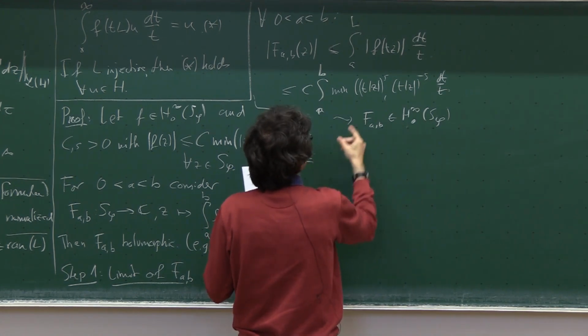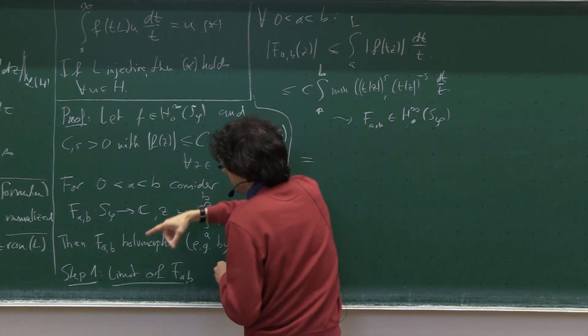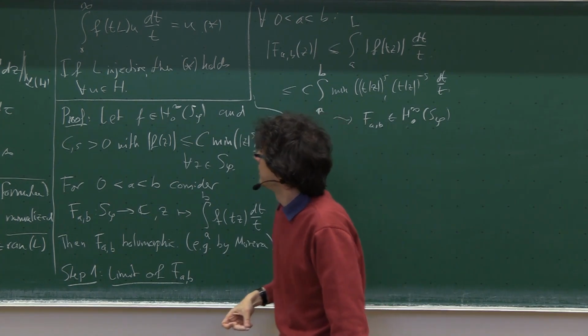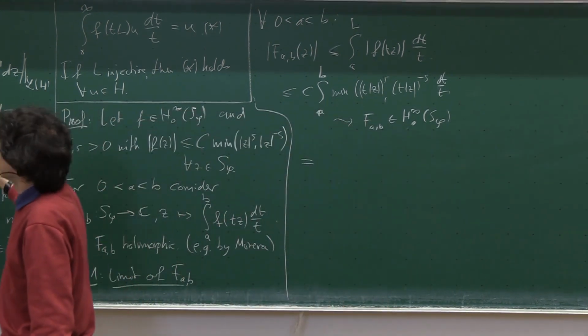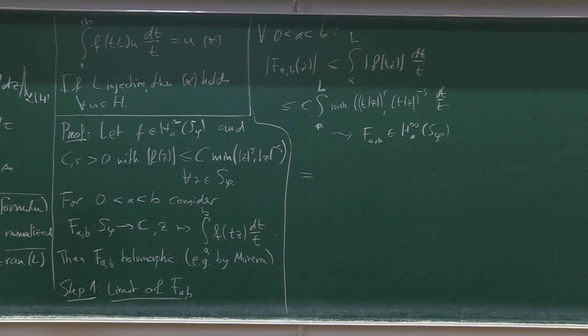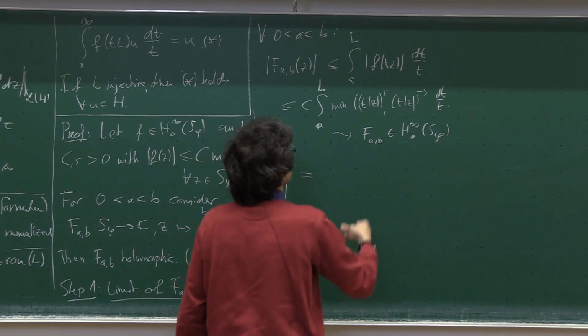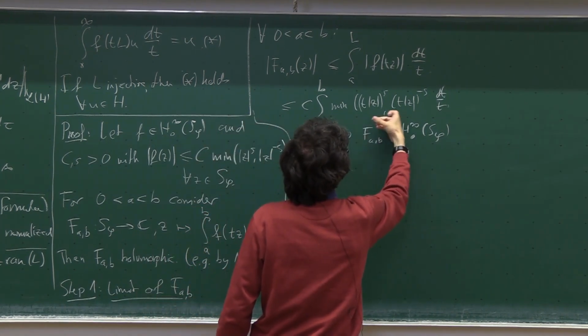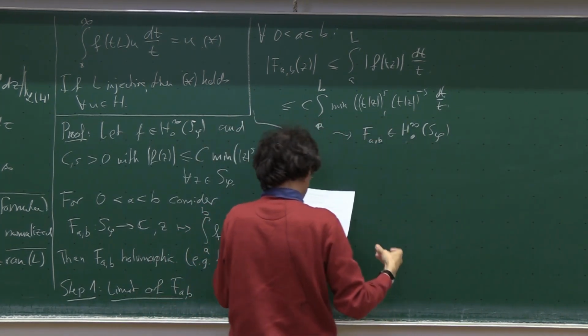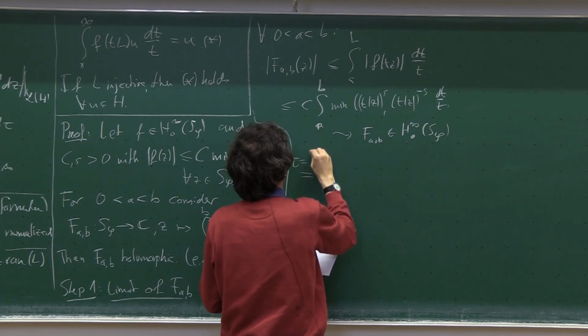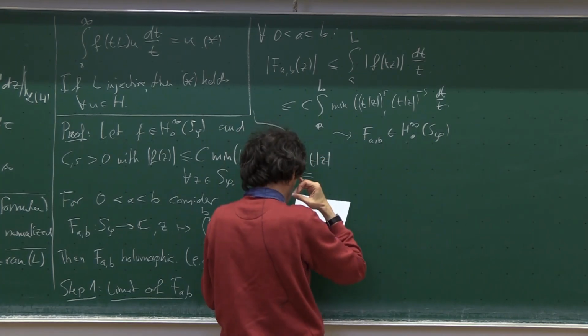Okay, and second thing, again do the same substitution, change of variables like here. Then one sees this, in fact, does not depend on the modulus of z. So set tau equals t times modulus of z.